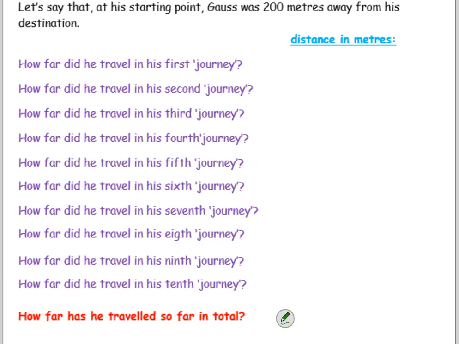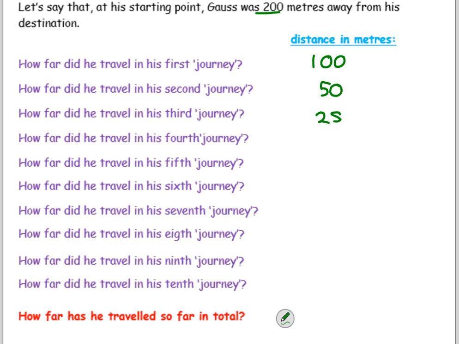How far did he travel in his second journey? Half the remaining distance. If it was 200 meters in total, he travelled 100, and half the remaining distance would be 50 meters. That's his next burst of energy, maybe after a break, when he gets tired. How far did he travel in his third burst of energy? 25.